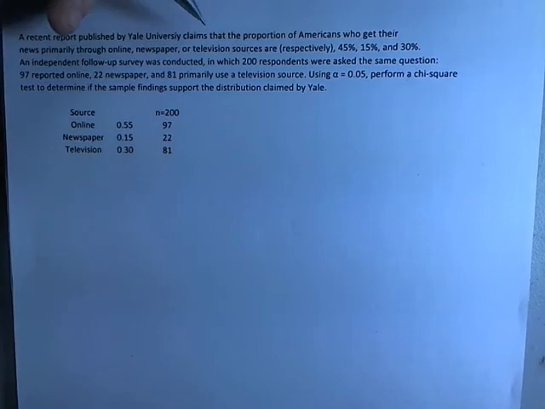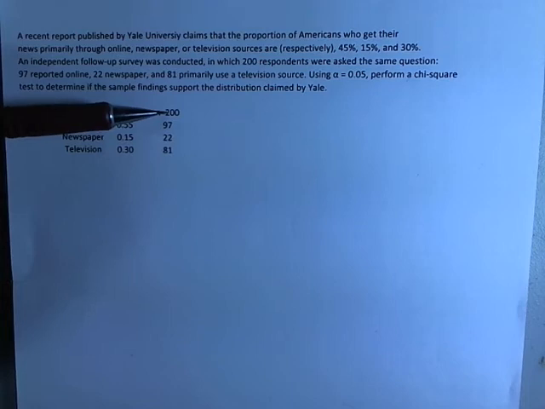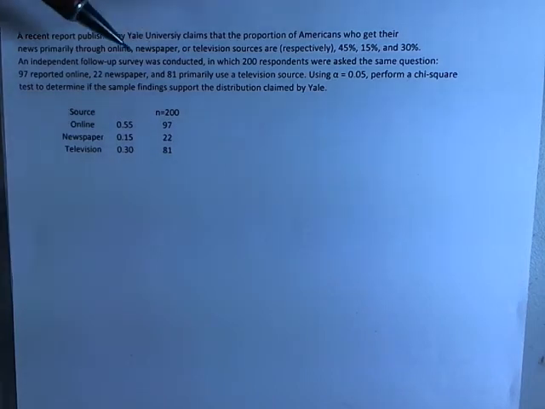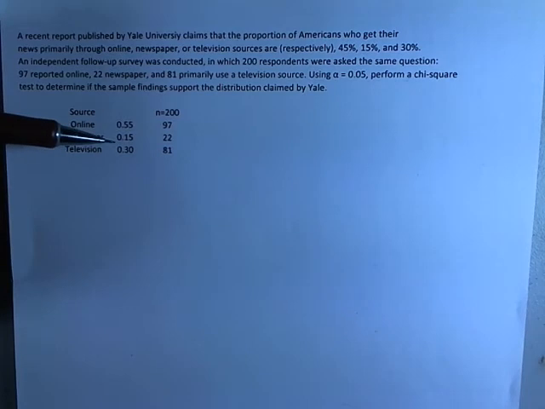So in this case, we're going to be working with one sample of size 200 and these frequencies, and comparing it against a known proportional distribution. So the proportional distribution claims that 55% of all respondents should take online, if that distribution is accurate.